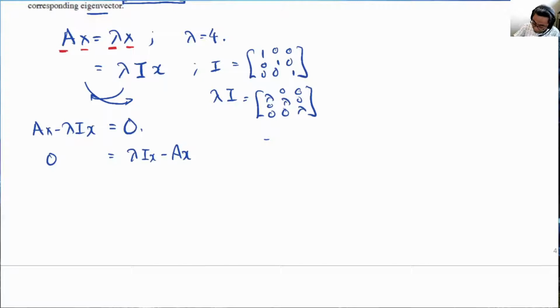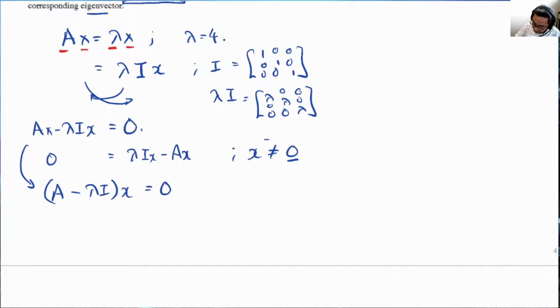Now, to solve for the eigenvector, we need x to be not equal to the 0 vector, otherwise this is the trivial solution. We'll now bring the x out in this way.